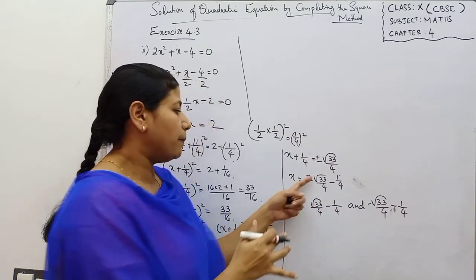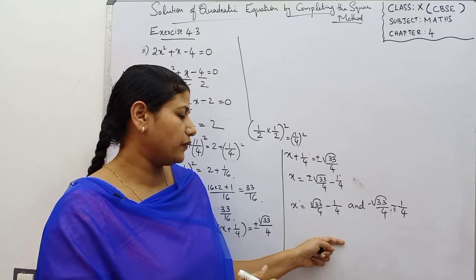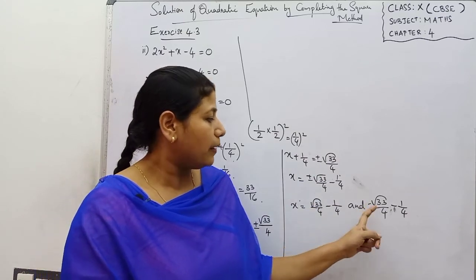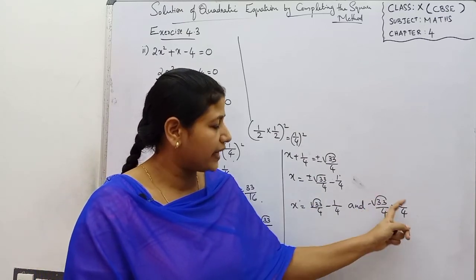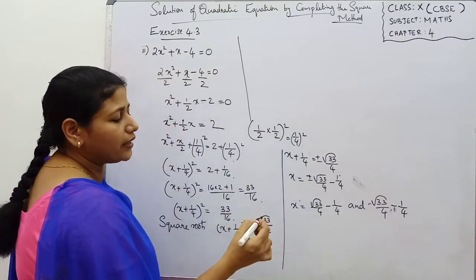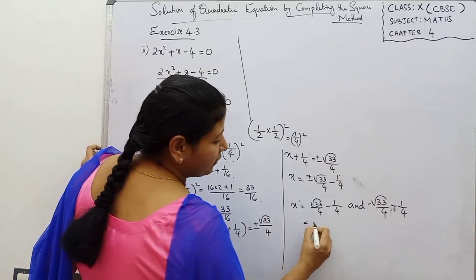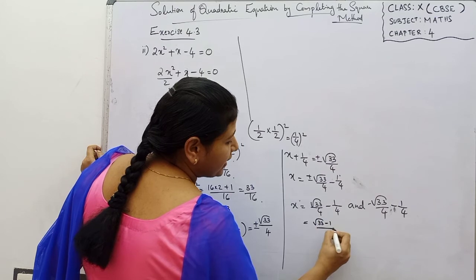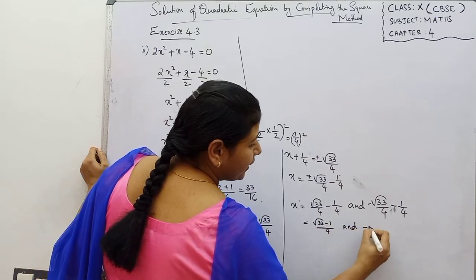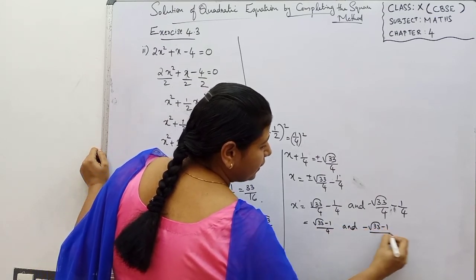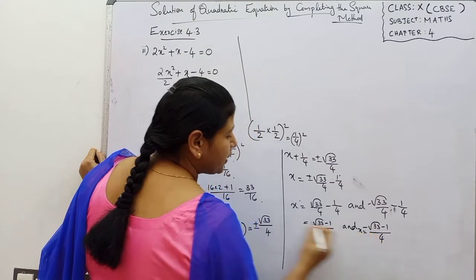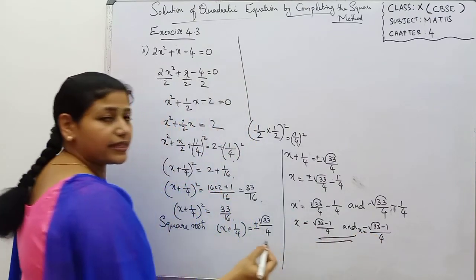The first one is plus root 33 by 4 minus 1/4, and another one is minus root 33 by 4 minus 1/4. Since both the terms have the common denominator, we can write (root 33 minus 1) by 4 and (negative root 33 minus 1) by 4. So these are the two values of this quadratic equation.